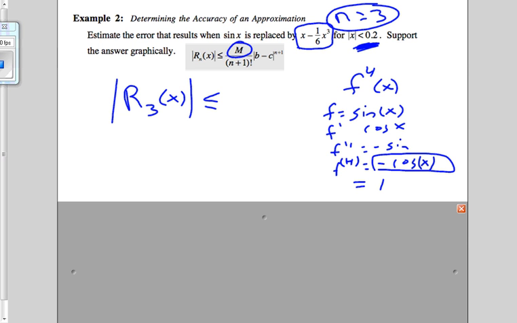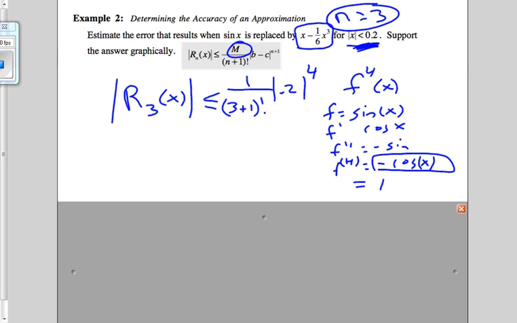So we then can say that my error is going to be 1, because that's the largest my fourth derivative could be, over n plus 1, so 3 plus 1 factorial, times the absolute value of b minus c. We're looking for the absolute value of x less than 0.2. So b minus c we can replace with 0.2, and that's raised to the n plus 1, or raised to the fourth.